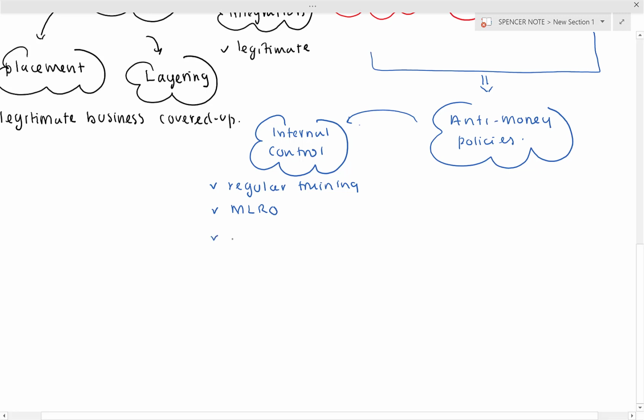Besides that, client identification matters such as know your client and customer due diligence are important training that must be carried out. During the know your client and client due diligence process, it is essential that we are able to identify the client, who the owner, the beneficial owner, and the directors of the company are. All this can be verified through the company's certificate of incorporation.